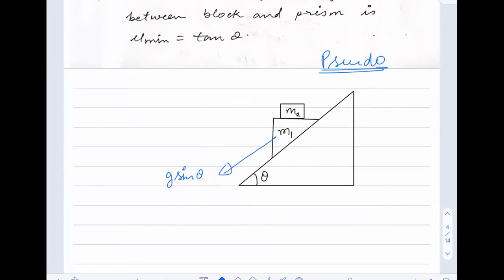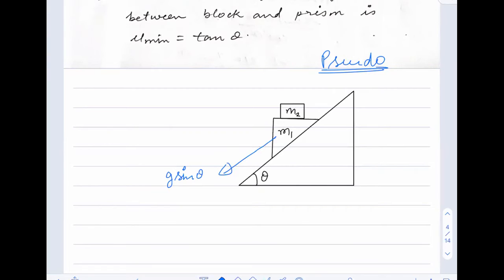This is the question for you all: in which direction should the pseudo force on M2 act such that it should be at rest? Anyone who can answer this question? What should be the direction of pseudo force on M2 so that it is at rest?